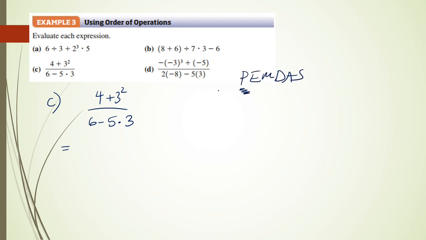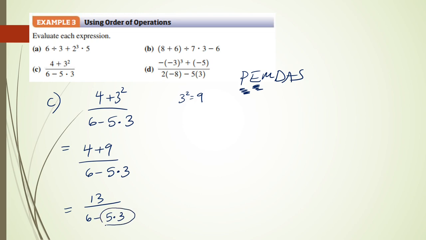I have no parentheses, but I do have an exponent on the top. That's 3 squared, which we know is 9. 4 plus 9 divided by 6 minus 5 times 3. I'll still do the top first. 4 plus 9 is just 13. And since the top is done, now I can focus on the bottom. I'll do the multiplication first because that's next on the list. This simplifies to 13 over 6 minus 15.